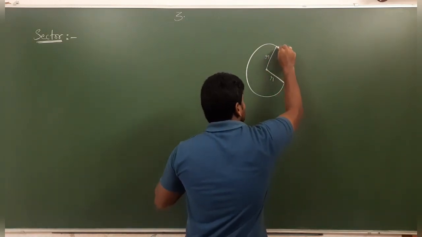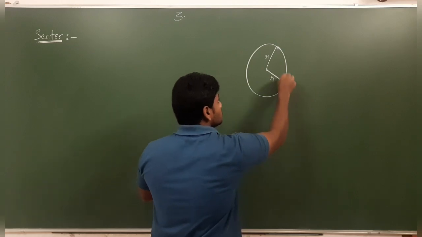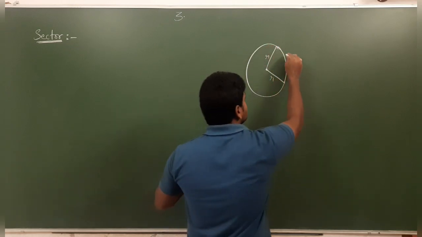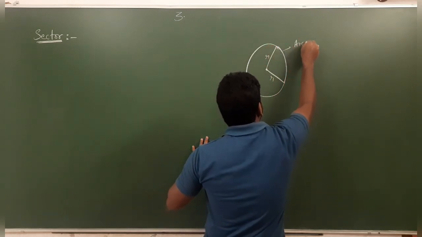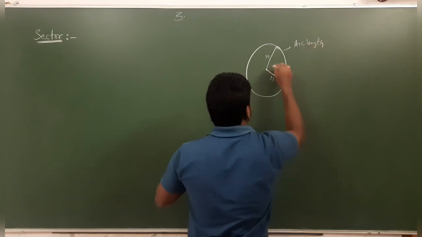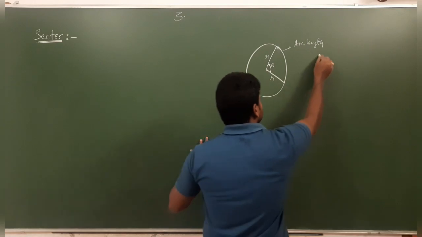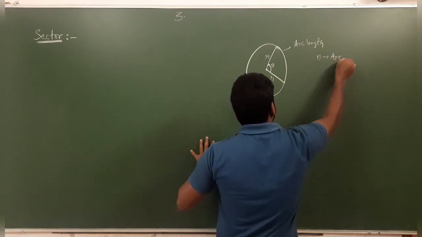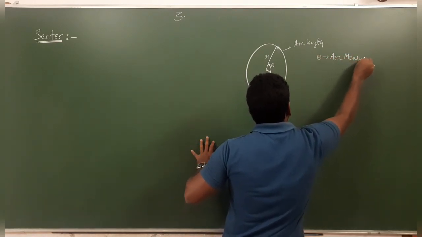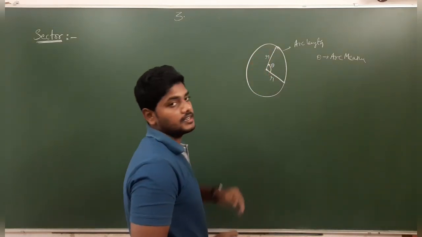This is the circumference of this arc, nothing but the arc length. If this is theta, that theta is nothing but the arc measure, right? This is the radius, arc measure and arc length.